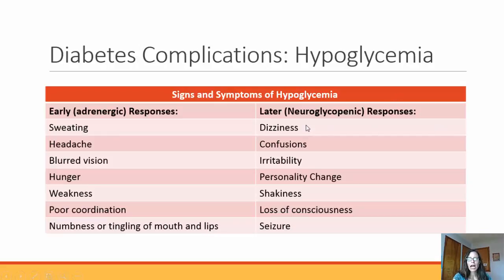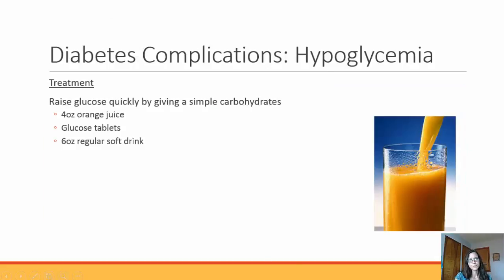And these later neuroglycopenic responses come from the nerve cells. Think about lack of glucose to the nerve cells, lack of glucose to the brain, which will cause dizziness, confusion, irritability, shakiness, and up to a seizure. So here are our early signs, and here are our later signs and symptoms. We can treat this pretty easily by giving a quick dose of carbohydrate that will be quickly absorbed.